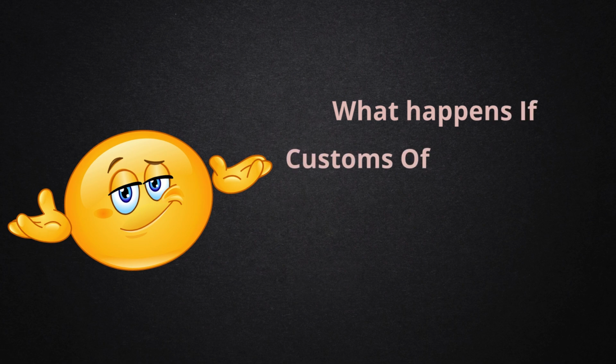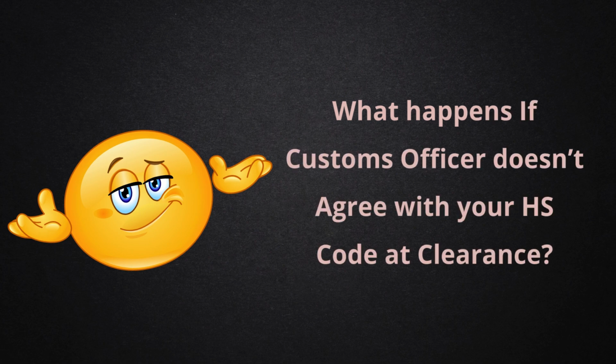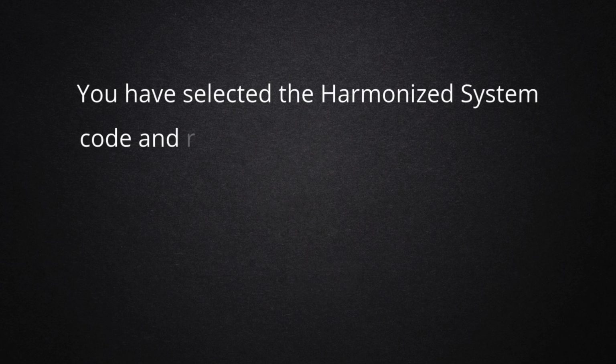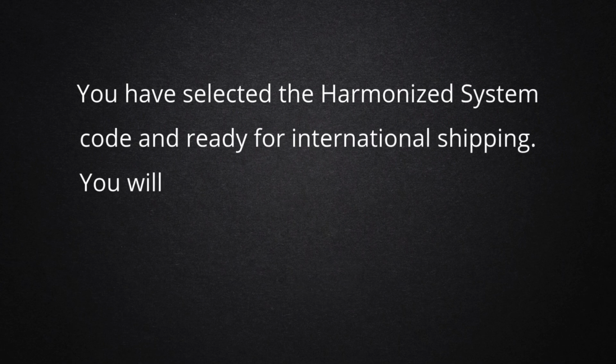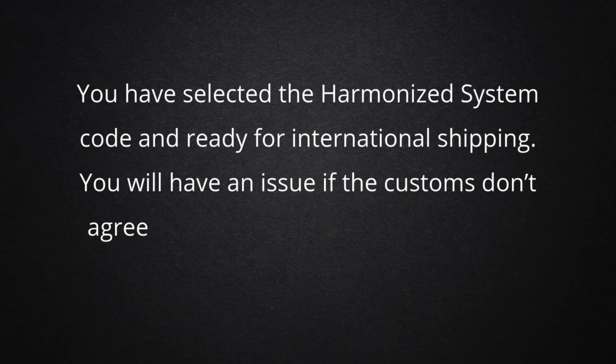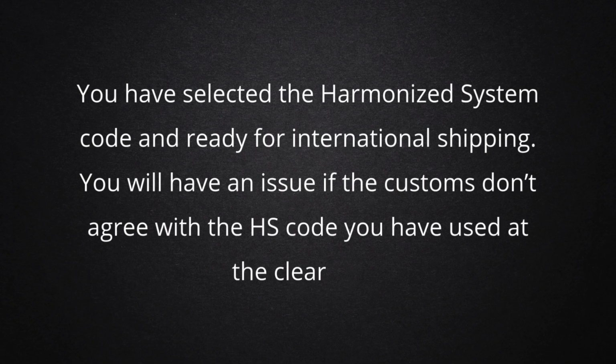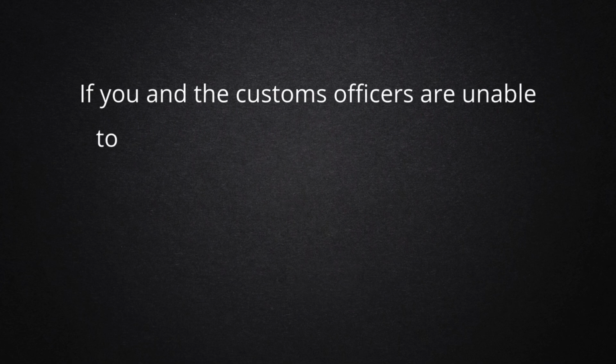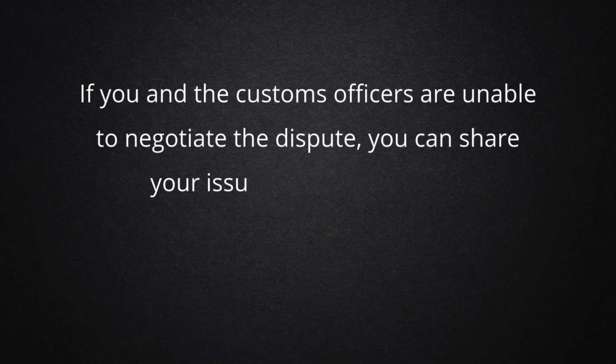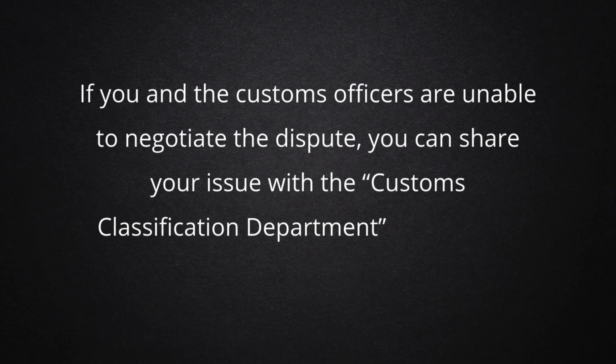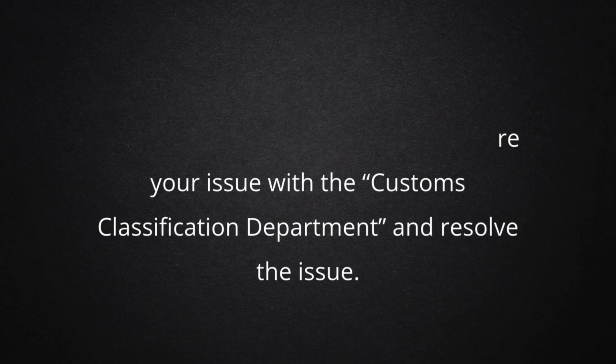What happens if the customs officer doesn't agree with your HS code at clearance? You have selected the Harmonized System Code and are ready for international shipping. You will have an issue if the customs don't agree with the HS code you have used at the clearance. If you and the customs officers are unable to negotiate the dispute, you can share your issue with the Customs Classification Department and resolve the issue.